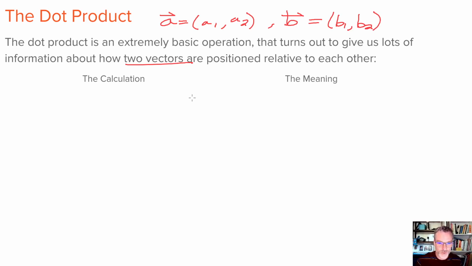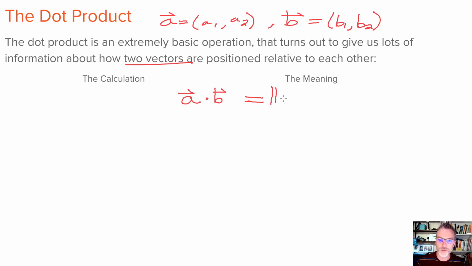Okay, so I introduced this new operation. Looks like multiplication, but it isn't. It's not multiplication because these aren't numbers, so you can't multiply vectors together. So we create this thing called a dot product. What this is, is this peculiar looking thing.